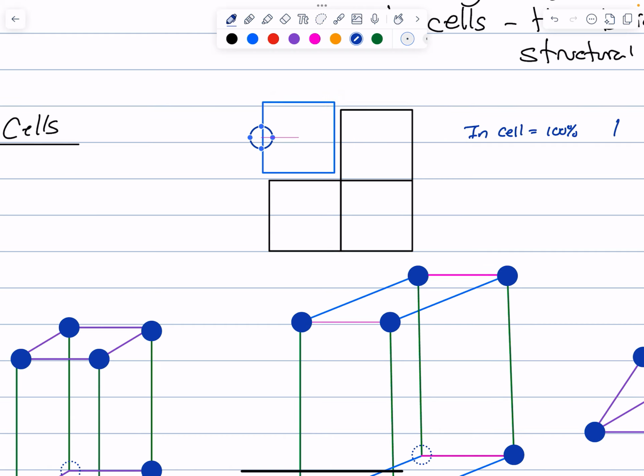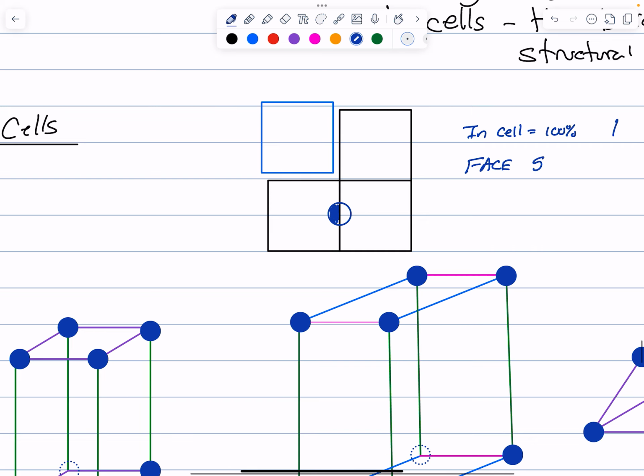You can be on the face. All right, so if I'm on the face, if I'm down here, there's a face. So if we're on a face, half of that atom is in a cell, and half of it is not in a cell, right? So it's 50%, which is 1/2. So half the atom.